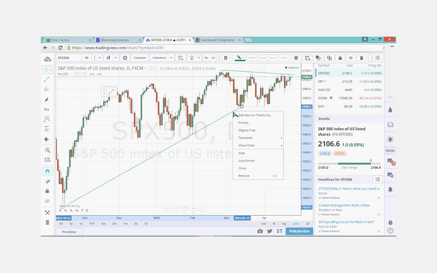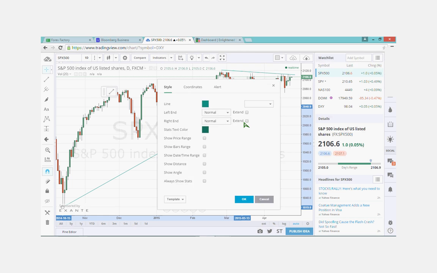Format it. And then on the right end, click the extend box. Yeah, extend it.